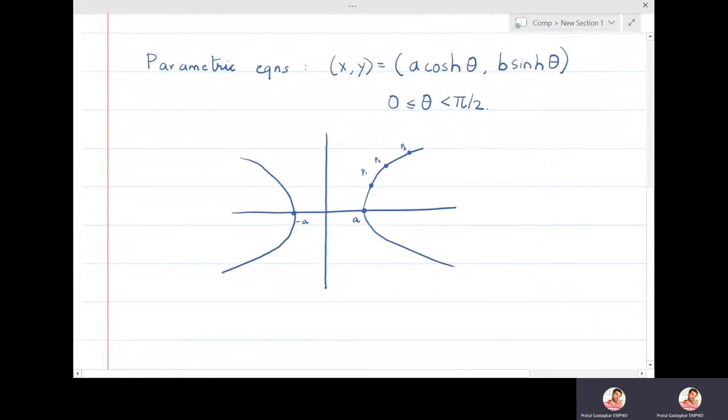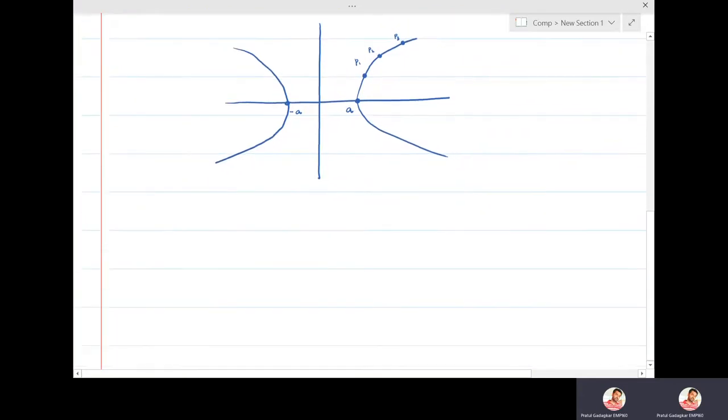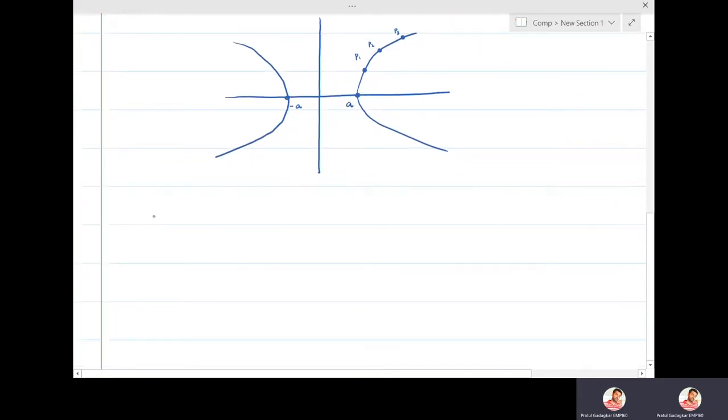Before that, do we know what the hyperbolic functions are? What is cos hyperbolic theta and what is sine hyperbolic theta? We know that sine hyperbolic theta is equal to e power theta minus e power minus theta divided by 2.